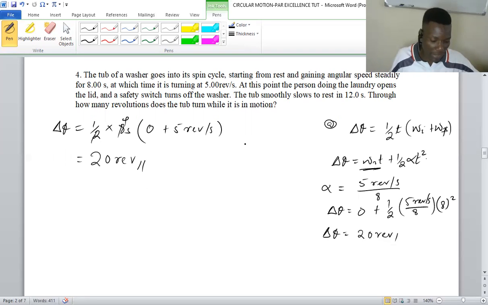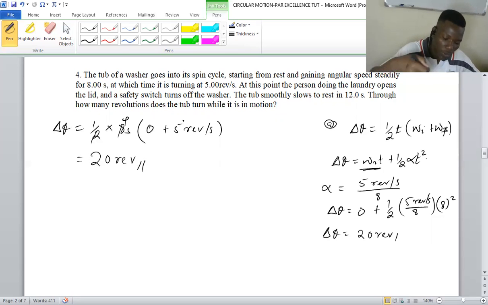So after this, we are told that the person who is doing the laundry switches off the washer, and it slows down in 12 seconds.